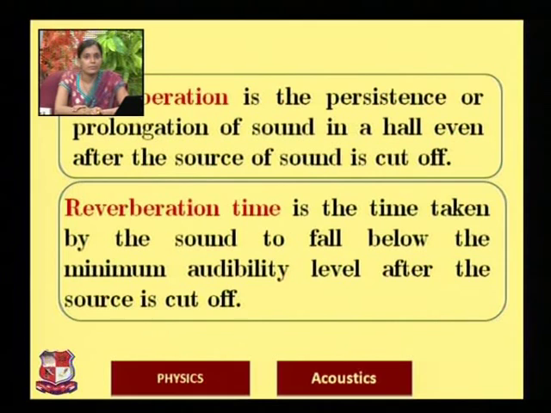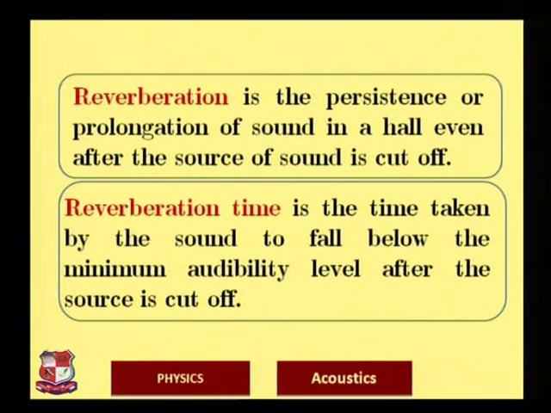The third reflection effect is called reverberation. It is the persistence or prolongation of a sound in a hall even after the source of sound is cut off. One person has spoken one sentence and stopped, and even after he has stopped speaking, if you still feel that particular sound in the room, then it is called reverberation.